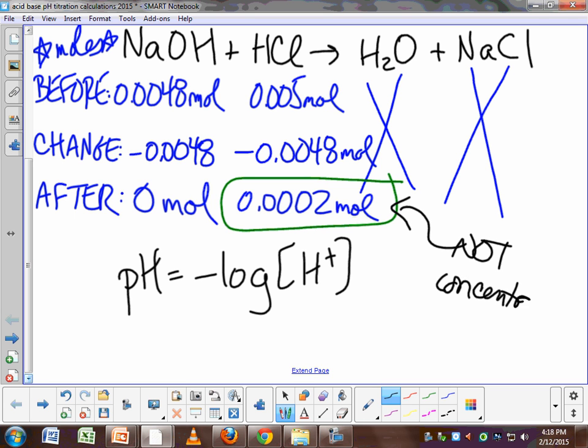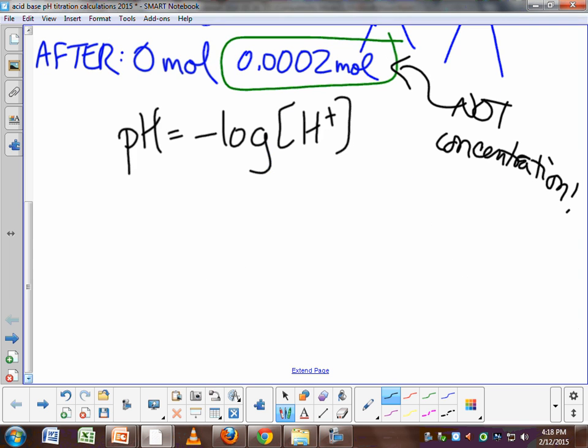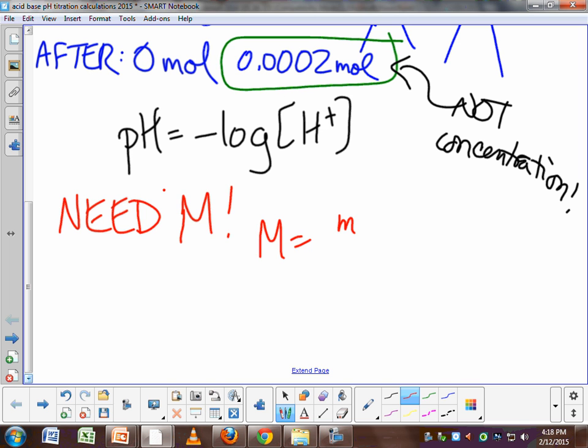This is not concentration. You cannot take this 0.0002 moles, take the negative log of it, and think you have pH, because you do not. You do not have the molarity. You need the molarity. Molarity is moles per liter, moles of solute per liter of solution.